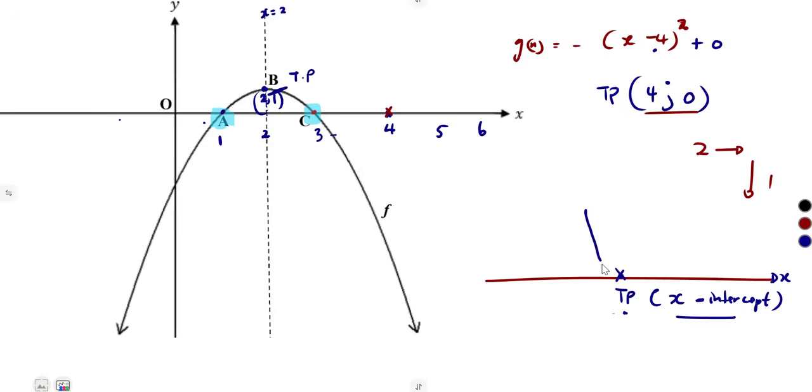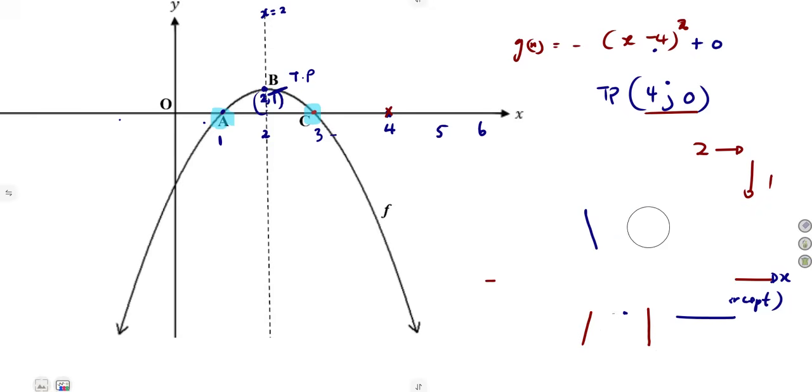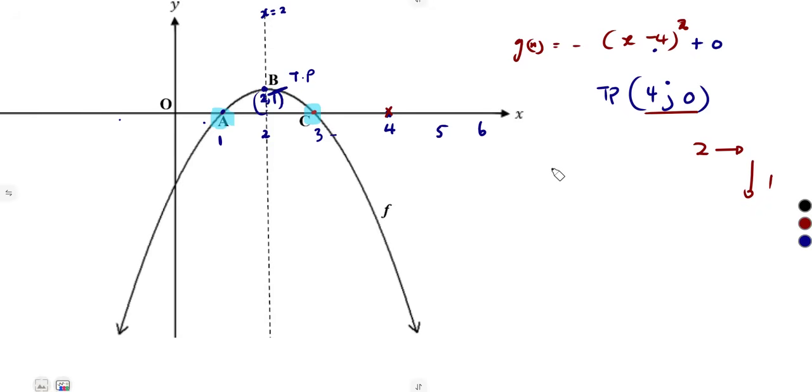So if your graph is like this, it's going to go back. It turns at that point. If your graph is the other way, it goes to that point, then turns back. This is the type of graph that we are having, where the turning point is found on the x-axis. As the turning point is your x-intercept, that's your only solution.